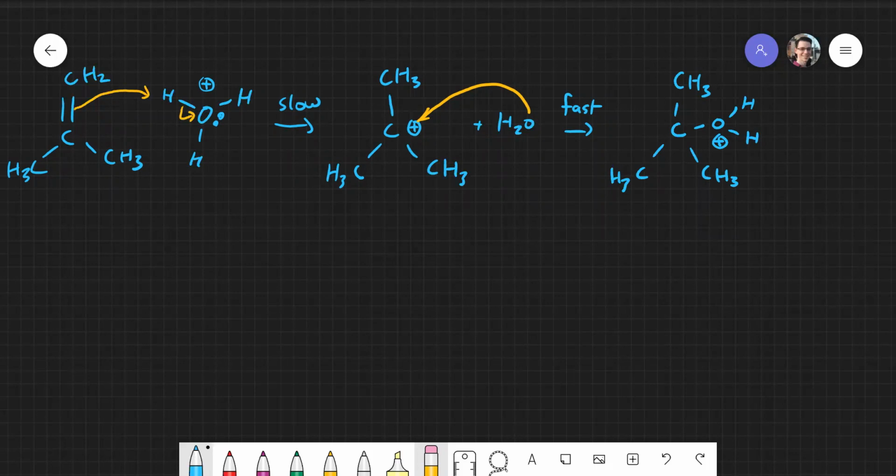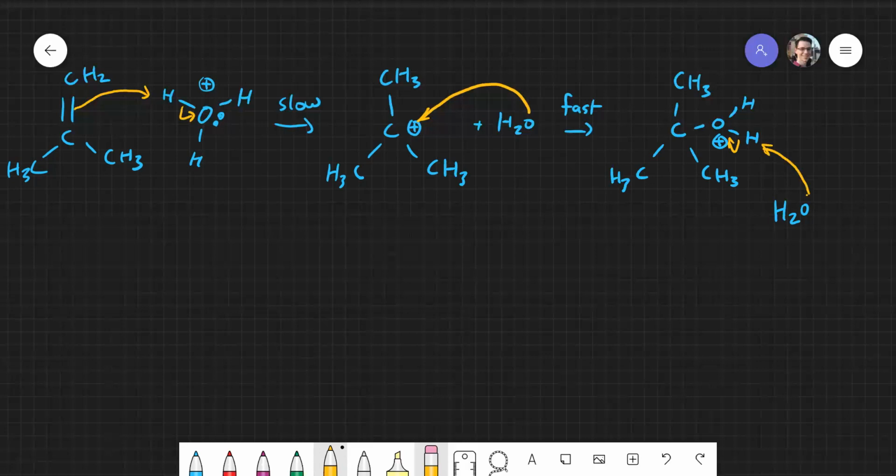It will produce our final product pretty easily, though, once it bumps into a water molecule that can take that extra hydrogen off of the oxygen. Okay, I should really have drawn that line coming from the O, not the H, because it is the O that does the attacking.